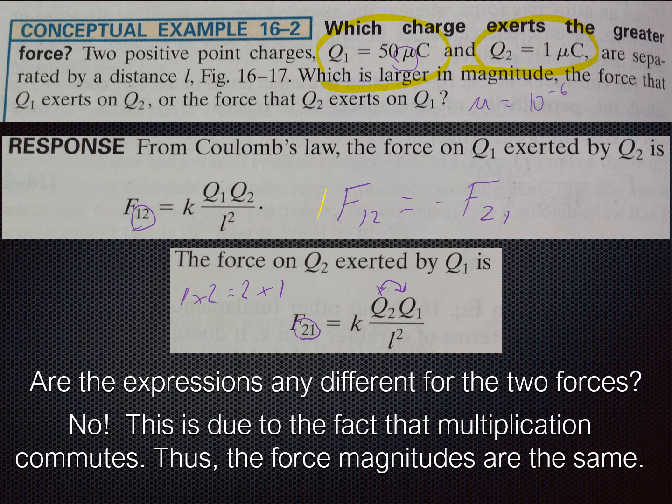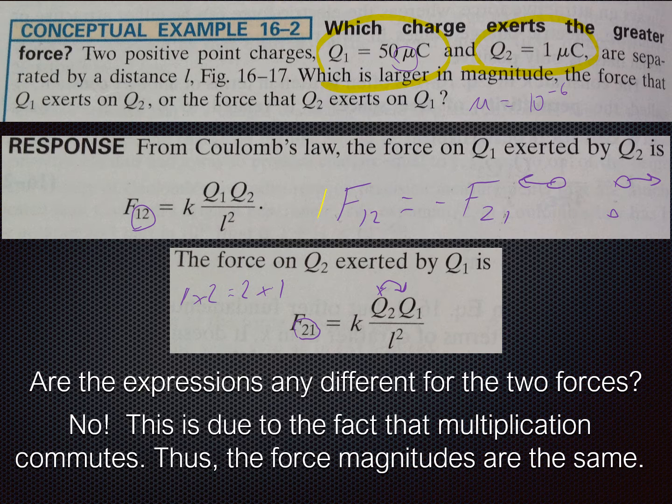Charge 1 feels a force from charge 2, but charge 2 feels the same force from charge 1, just pointing in the opposite direction. So if you have two charges that are the same, they're going to feel a repelling force, but if you have two charges that are different, they're going to feel an attractive force.